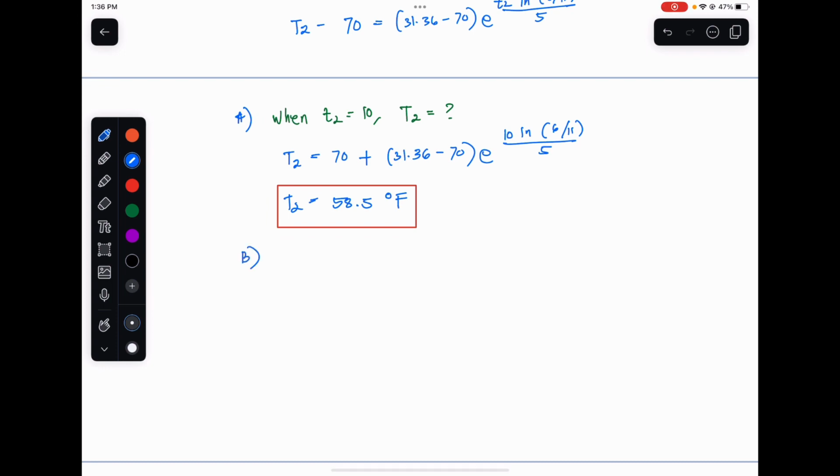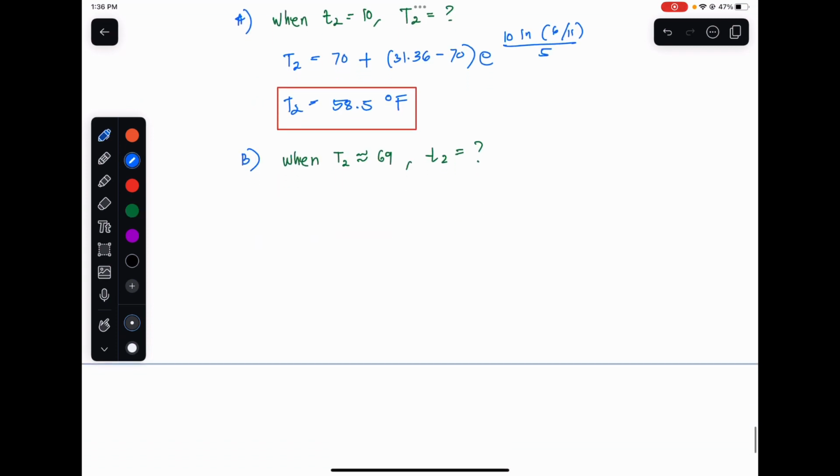And for the second requirement, when will be the time that the temperature is approximately 69? We have 69 minus 70 equal to 31.36 minus 70 e raised to T2 times ln of 6 over 11 divided by 5.